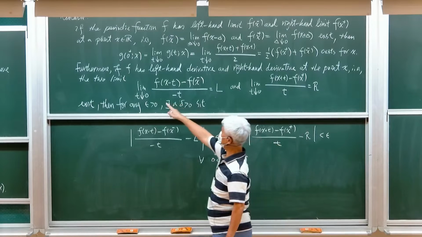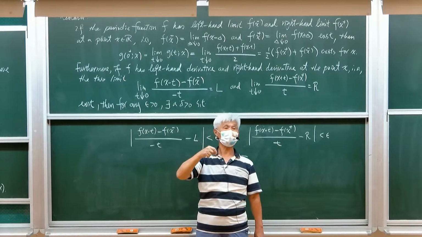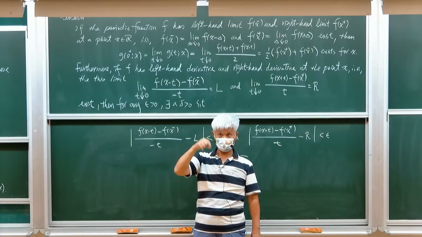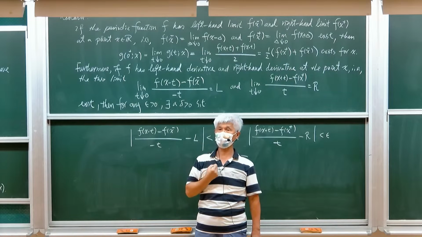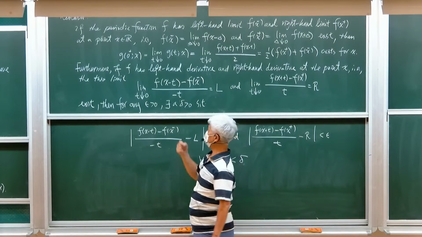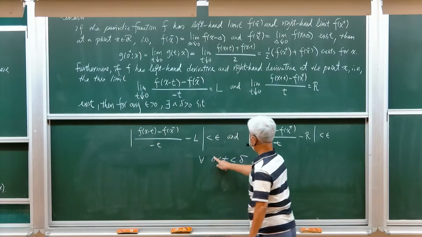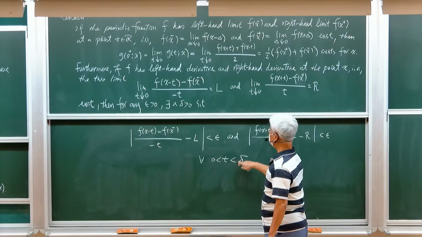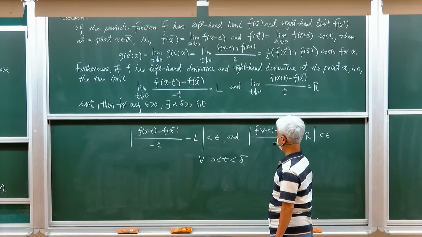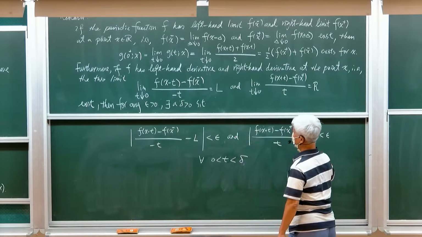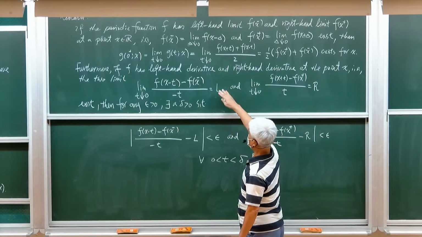Because t is going to 0, but never equal to 0. t can be very, very small, but never equal to 0. So this is the meaning of this notation. You can find a delta with this property. All right, so this is the meaning of a limit.